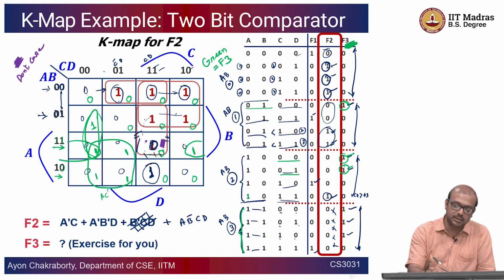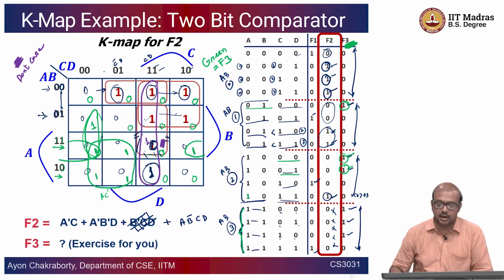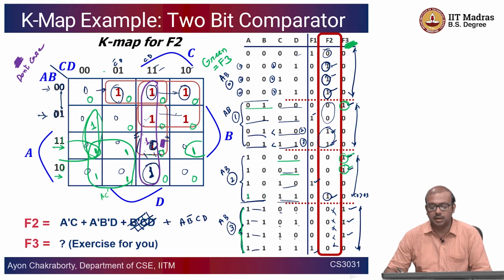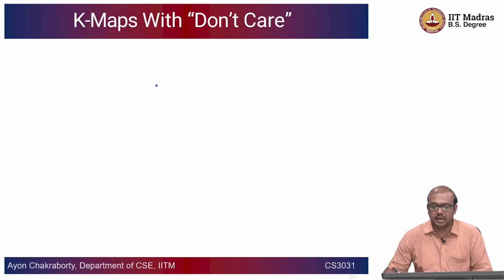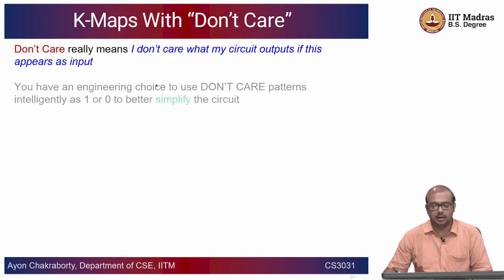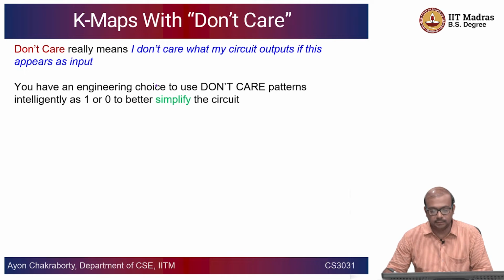If I can put it as 1, hypothetically, I can create a larger group, and this larger group is going to help me simplify the circuit more. That is the main point of using K maps with don't care. You will be given a choice that for some inputs the output of the circuit is not necessary to be 1 or 0.